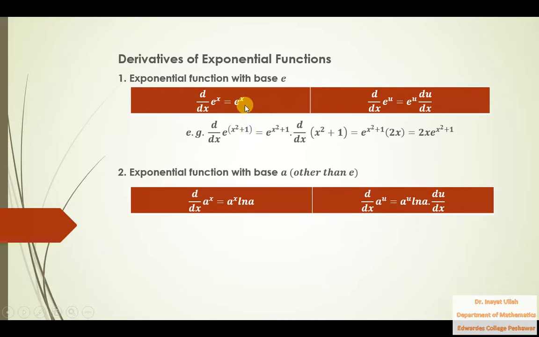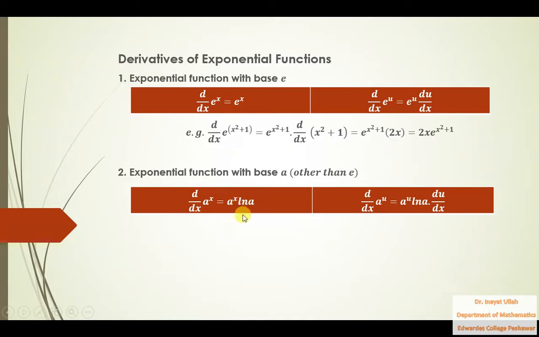If you see here, along with this e power x there is 1, and we know that log of e is 1. In this formula, that is natural log of a. There is natural log of e, but we know that natural log of e is 1, so that's why we don't write log of e here, and that is log of a, which is not equal to 1.